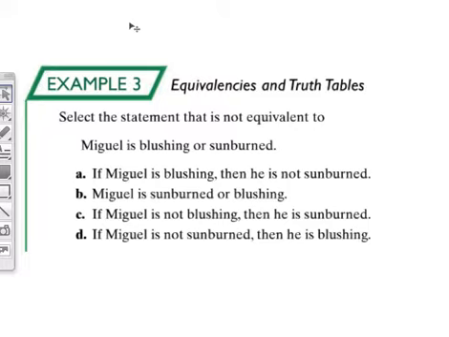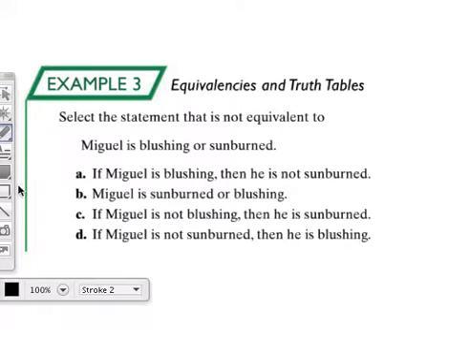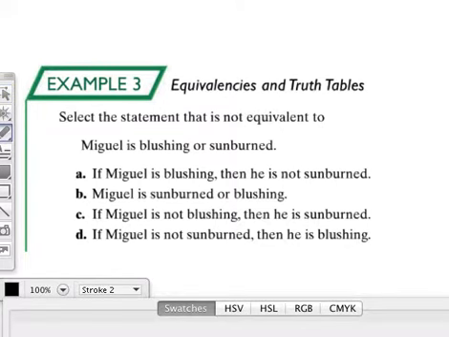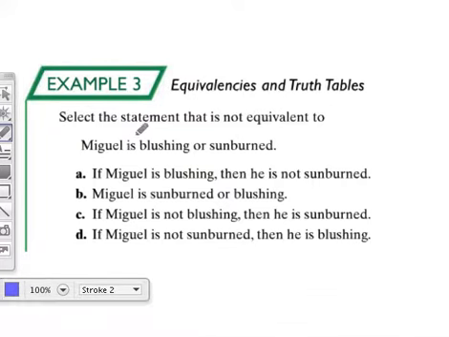All right, let's look at a question about Miguel. Okay, so we got this Miguel individual, and what do we know? We're going to call Miguel is blushing P. I hate to change the size right there, but anyway, that's P. And here is Q: Miguel is sunburned.